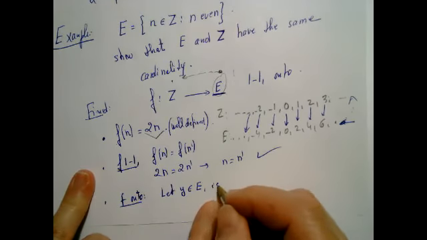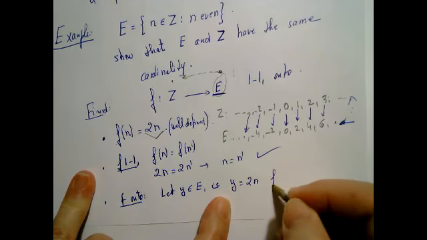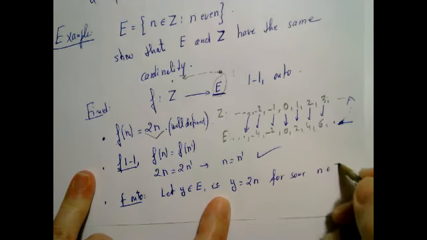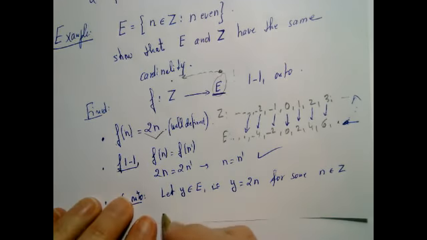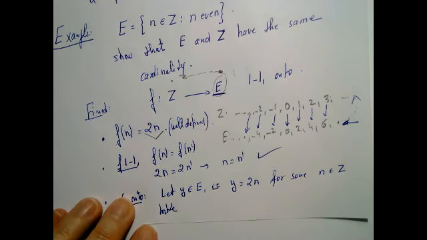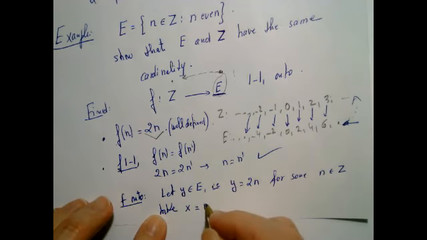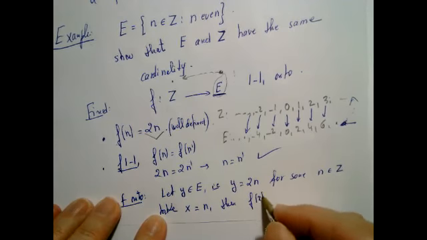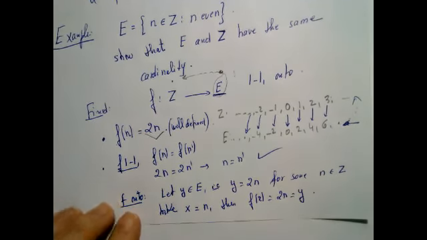It means y is equal to 2n for some n in Z. They are very particular elements. So let's take x to be n. Then f of x is equal to 2n, which is equal to y.